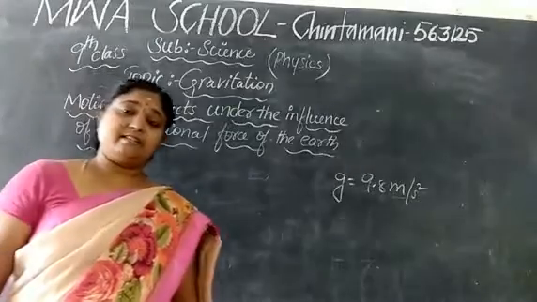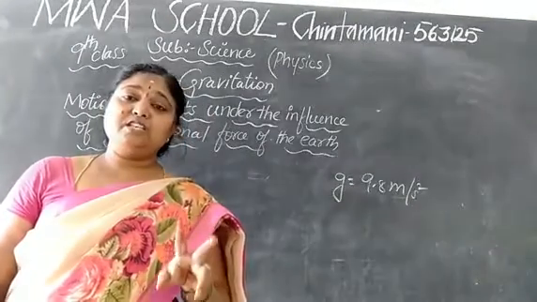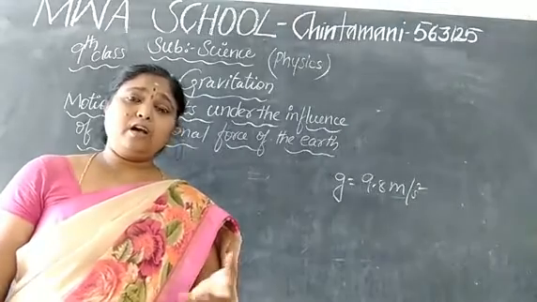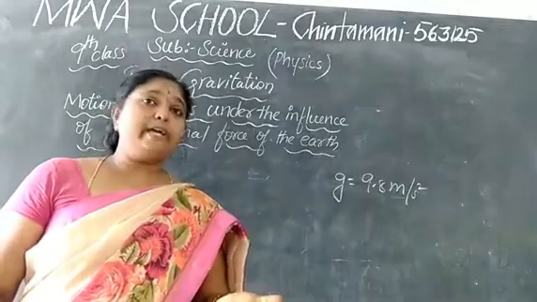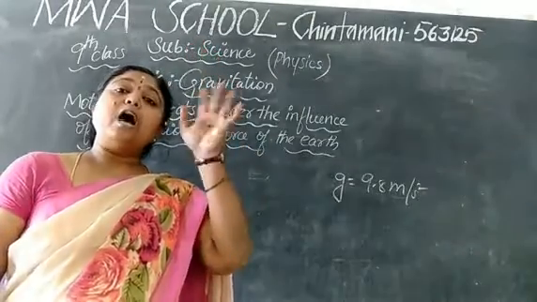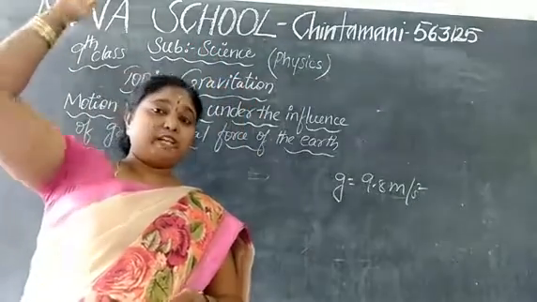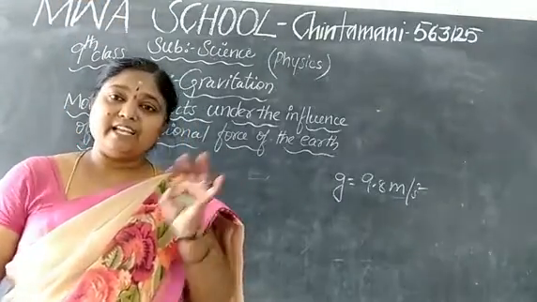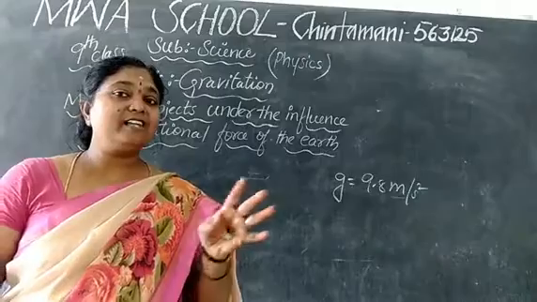Here the g value has two cases, children. When we are throwing the object upwards, we have one value, and when the object is falling freely, that is the free fall, there also we have the g value.